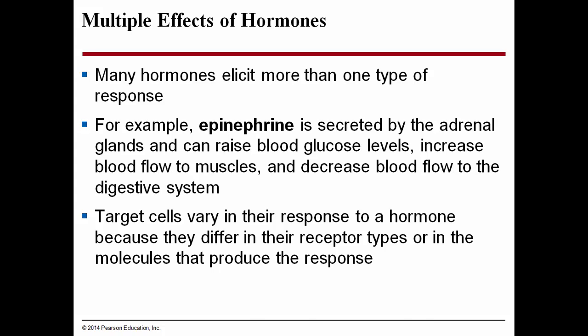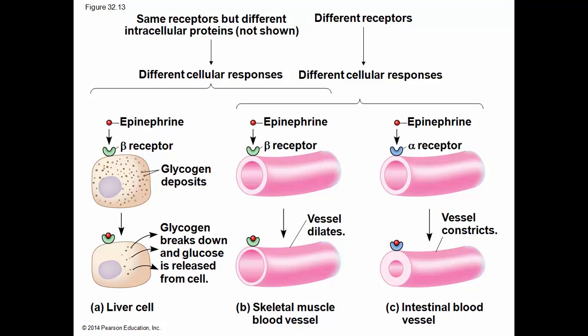Okay, so here's epinephrine. It can cause blood vessels to dilate, the skeletal blood vessels, or the same hormone can cause blood vessels to constrict. So basically you're in an emergency situation, you need more oxygen and glucose delivered through your blood vessels.